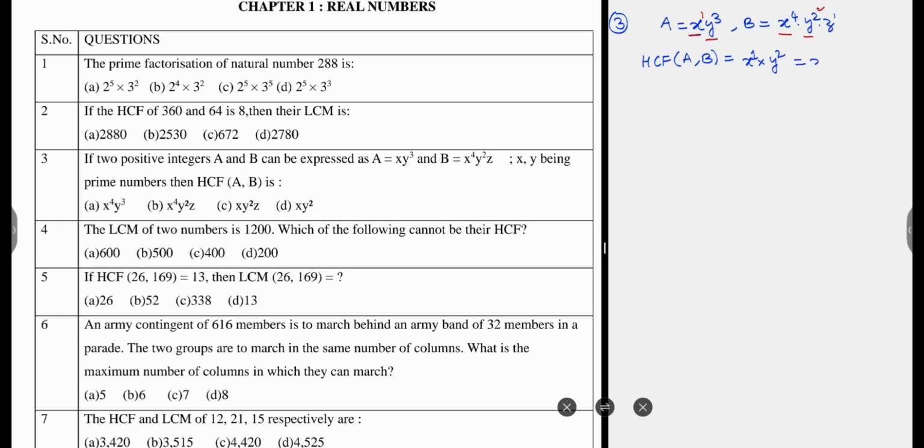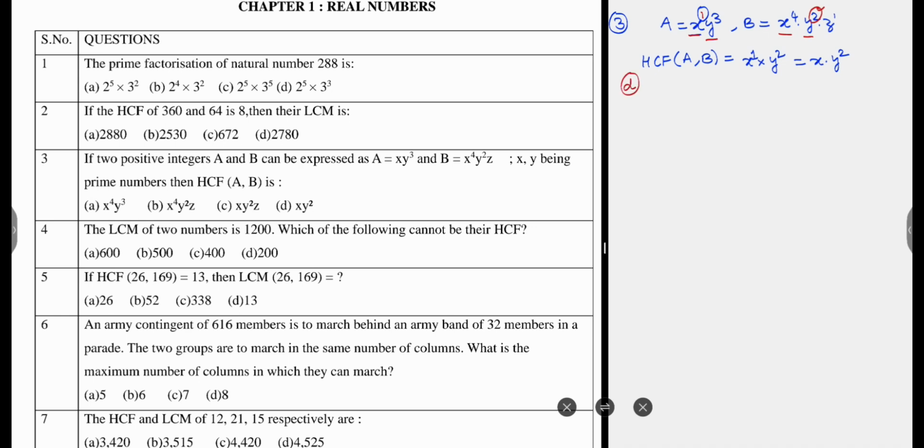So what is the answer? x into y to the power of 2 is the HCF of the two numbers. Remember, whenever we find HCF, we take only common factors and their lowest powers. So x into y to the power of 2, option D.